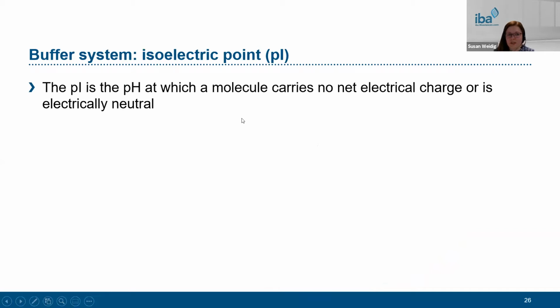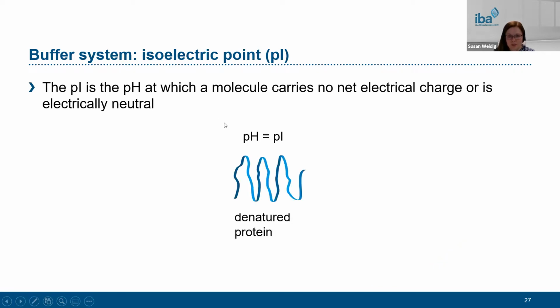That means the pI gives information about whether your protein is soluble at a specific pH or not. So if the pH of the buffer system is equal to the pI of the protein, the protein is denatured.